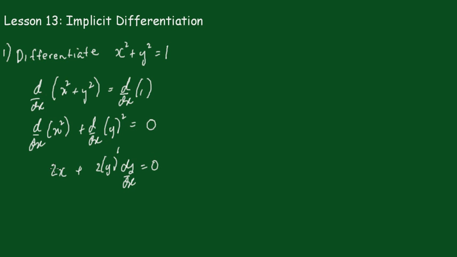Now, we can cancel the 2's, divide through by 2, we get x plus y dy/dx equals 0. And take the x across the other side, and we get that's minus x. Then divide both sides by y, and we get dy/dx is equal to minus x on y.